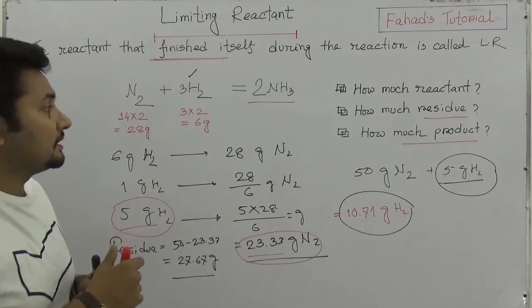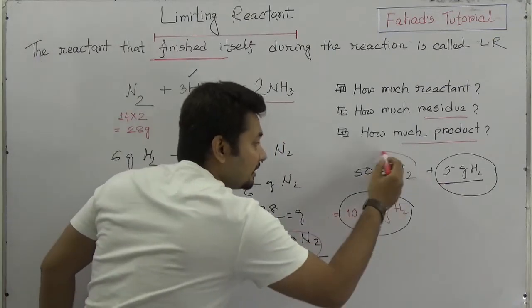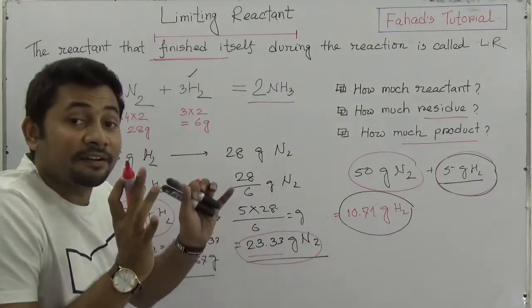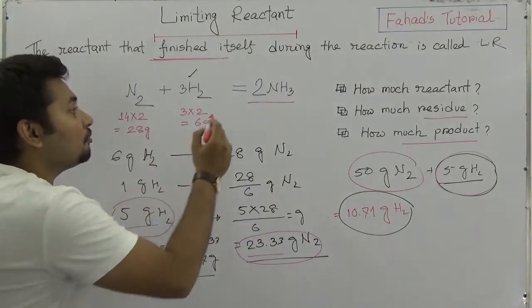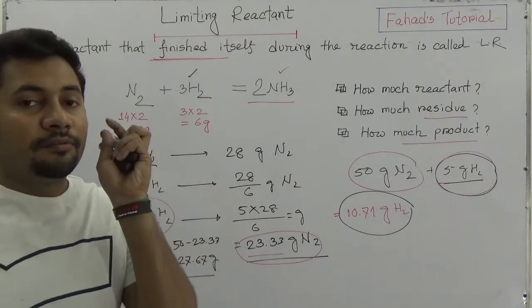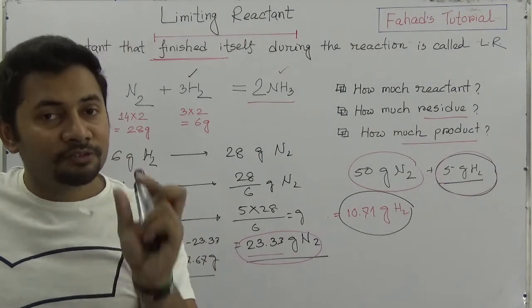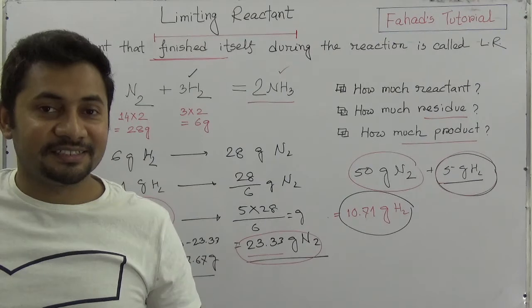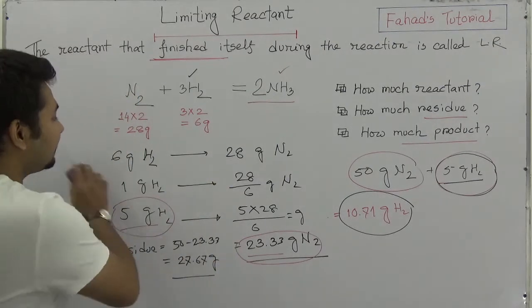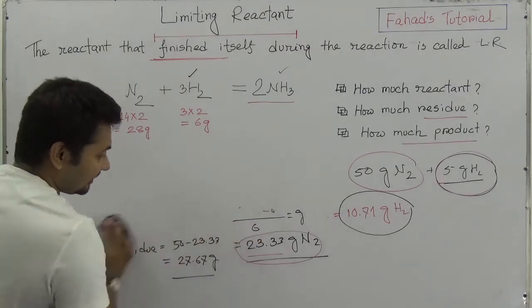Now if the question is that 50 gram nitrogen and 5 gram hydrogen are reacting, then how much ammonia will be produced? For finding this answer, we need to find the limiting reactant. And as we find that hydrogen is the limiting reactant, now next level.